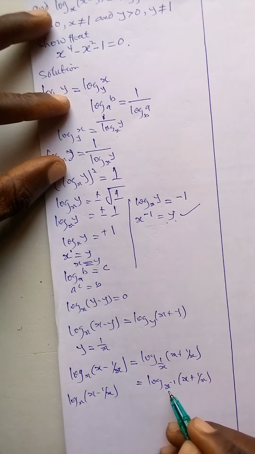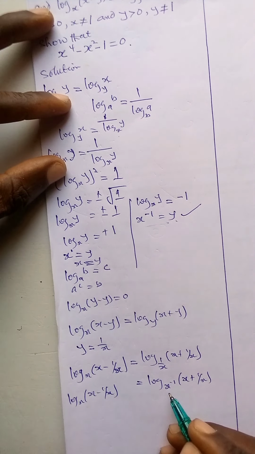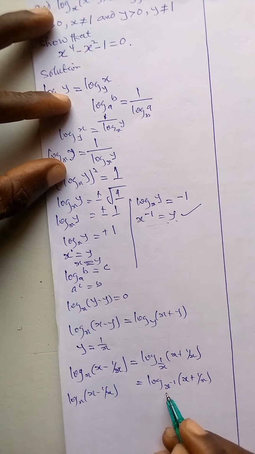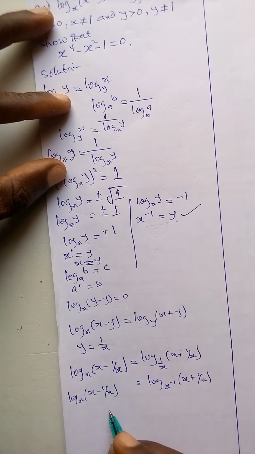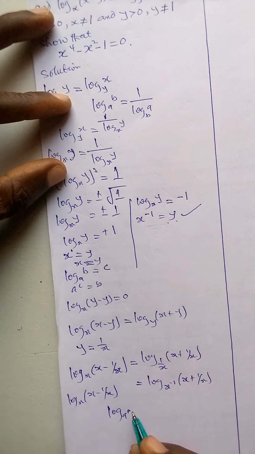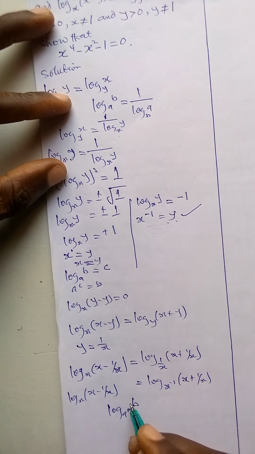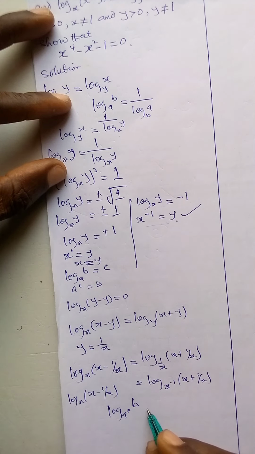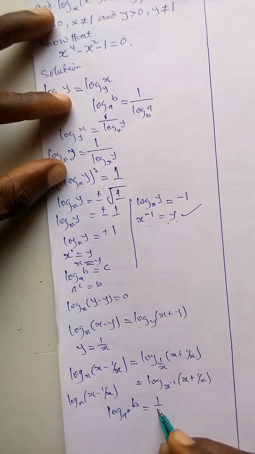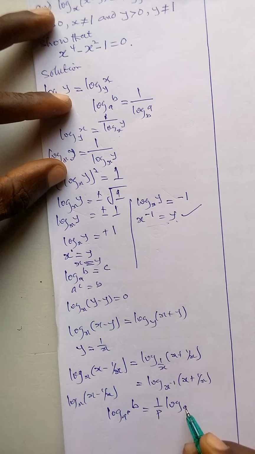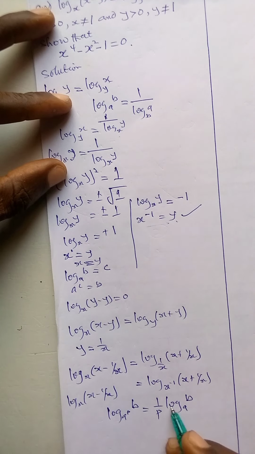Now in logarithms, we also know that if the base has a power, say log to base a of b, where the base has the power p and this is the argument, I am going to have 1 over p log to base a of b. So I'll apply this law in this case.